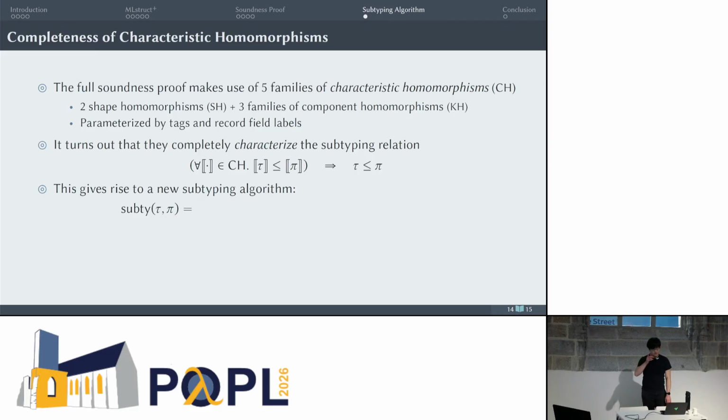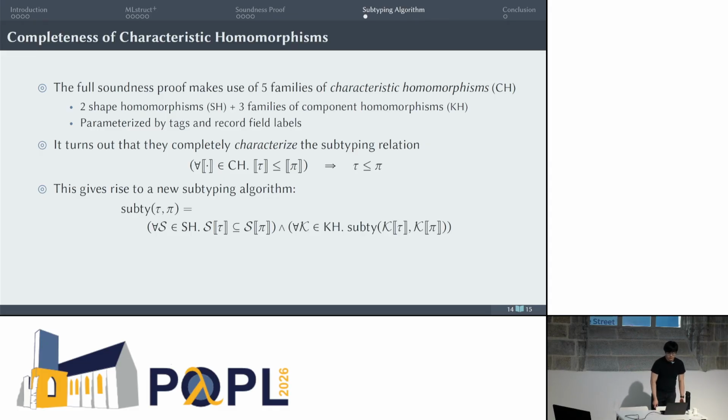which we denote by subtype of tau and pi. So for every shape homomorphism, if their images are related by the order, and for every component homomorphism, they are related by the order, which we can compute by recursively calling the subtype routine, then the types tau and pi are related by the subtyping relation.